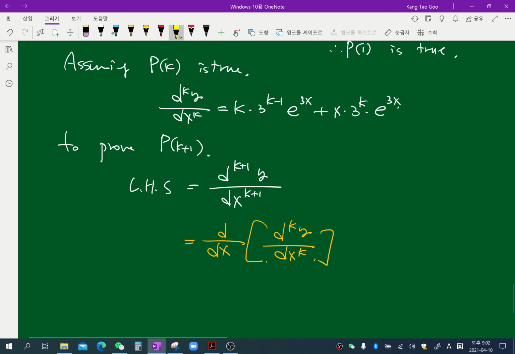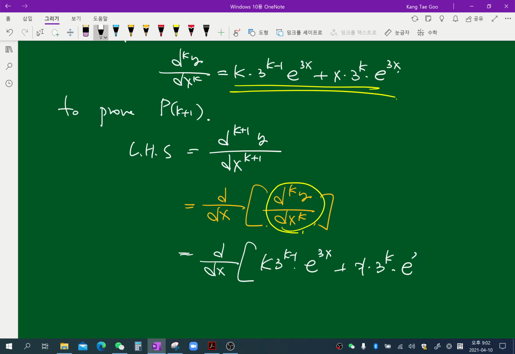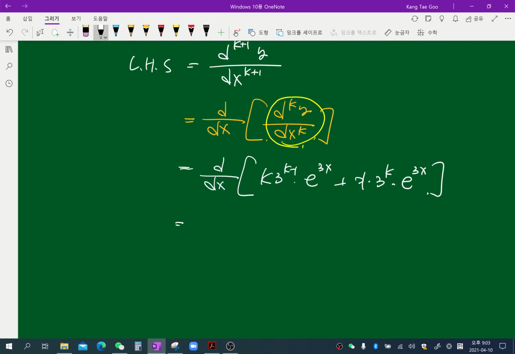And then we can bring this from here. Then d/dx of k 3^(k-1) e^(3x) plus x times 3^k times e^(3x). Okay, we need to go for one more derivative.